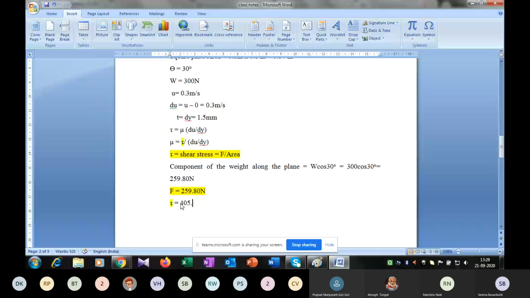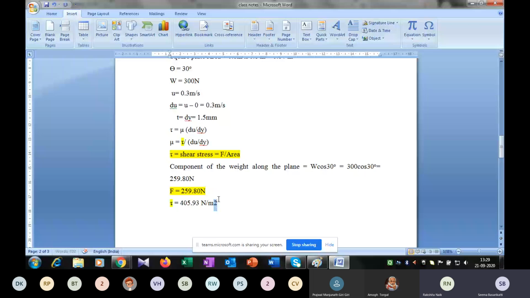405.93. All of you got the same answer? Yes, ma'am. Okay, what is the unit for tau? Force is calculated in terms of Newton. Area is calculated in terms of meter square.